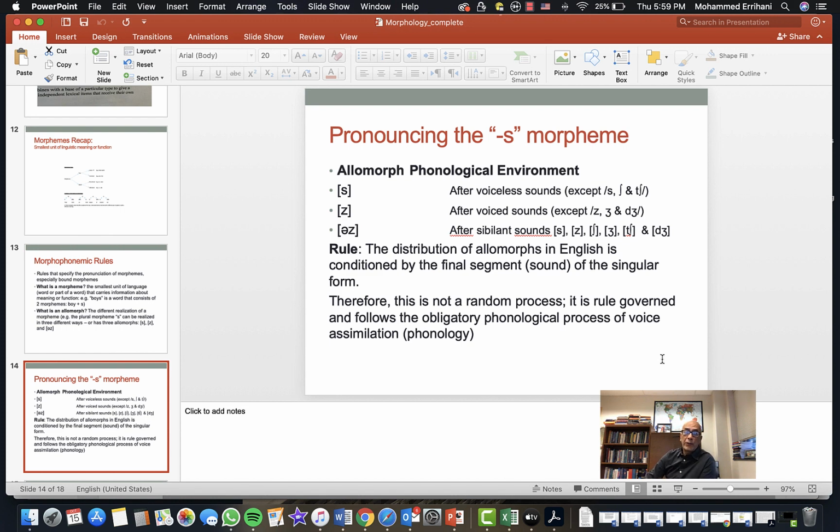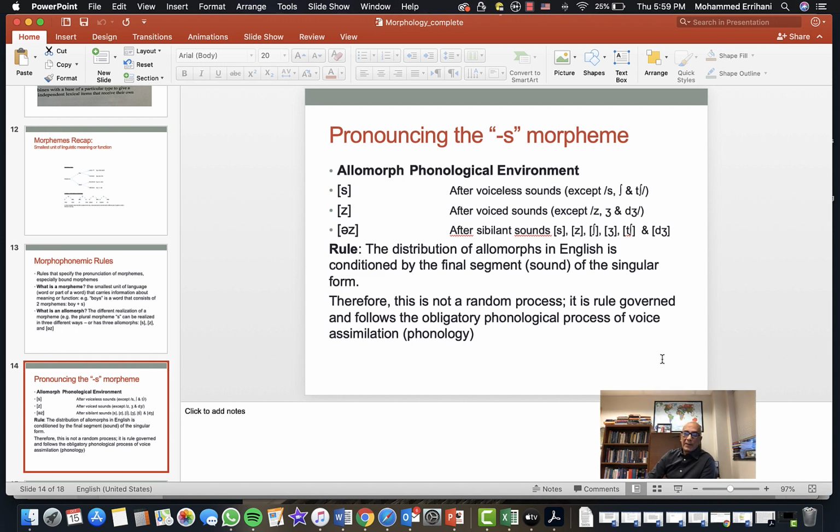Therefore, the distribution of allomorphs in English is conditioned by the final segment or sound of the singular form. In simpler terms, it's the final sound of a word that determines whether the S morpheme should be pronounced s or z or iz.